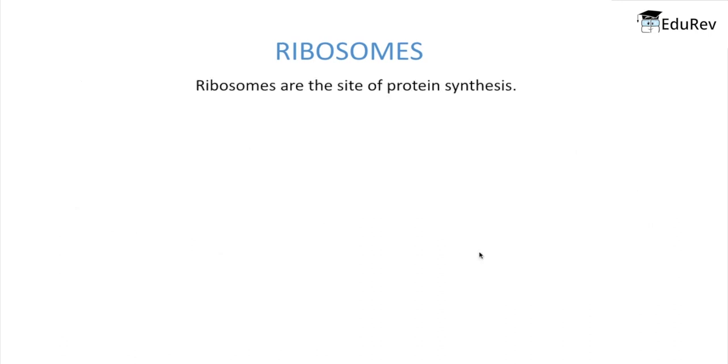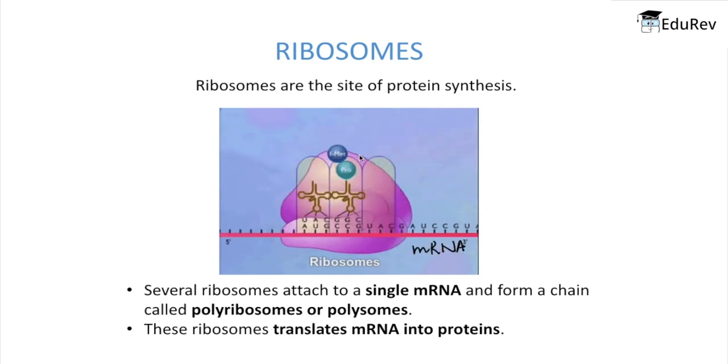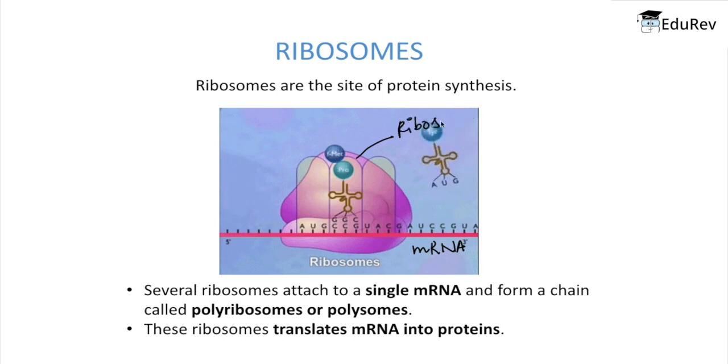These ribosomes are the site of protein synthesis. Several ribosomes attach to a single mRNA. Here the red long strand which you see is the mRNA, and the bigger pink colored structure you see here is the two subunits of the ribosome, and the clover-like leaf structure coming and getting attached to the mRNA is called tRNA.